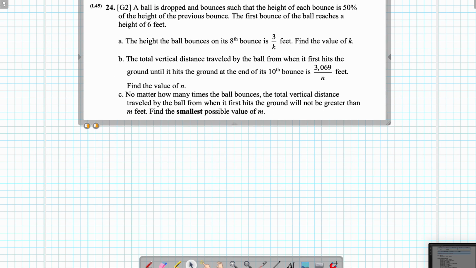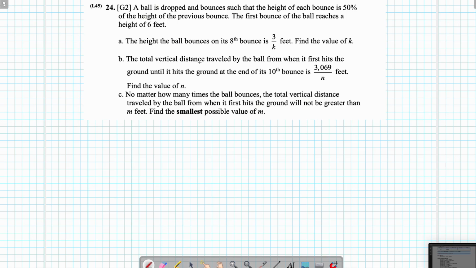Let's all admit it. Okay, look. When it comes to geometric, when they want the nth term, it's equal to g1 times r to the power of n minus 1, right? And that's what they're looking for now. So g1 is 6, they said the first bounce is 6, times r, which is 0.5 of the height.